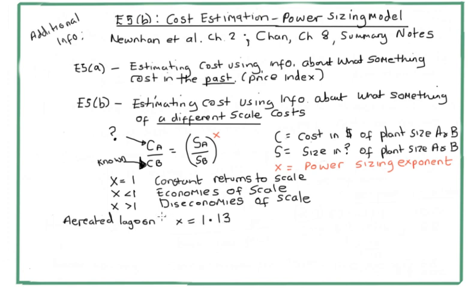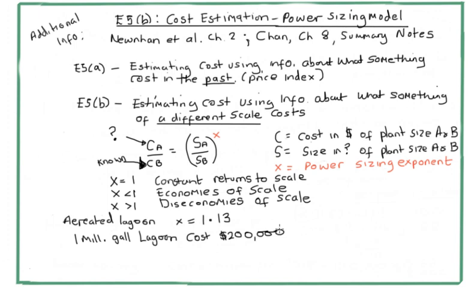As I said, because that's greater than 1, this must mean that if you double the size of the aerated lagoon, then the cost is going to more than double. So we have diseconomies of scale. Okay, so then we have to give ourselves some more information. Suppose we have a 1 million gallon aerated lagoon, and it cost $200,000. I don't actually know what they cost, but let's just go with that.